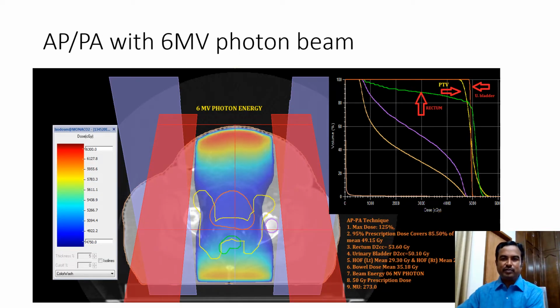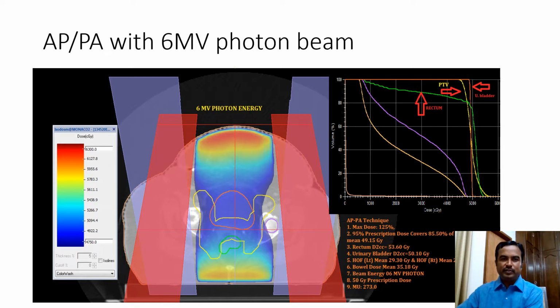This slide shows the APPA field created using a 6 MV photon beam. Normally in our clinics we won't use it, but as it is an education program, I am just showing how the distribution will look if we use a 6 MV photon beam for pelvis. If you look at the isodose lines, the maximum dose comes around 125%, and the parametrium is not receiving adequate dose.